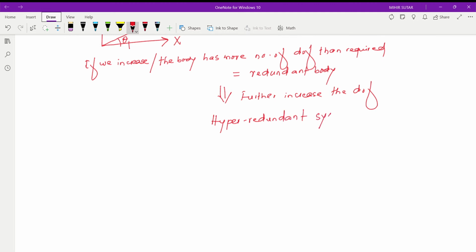And if we further increase the DOF, it will let this body become a continuous system.